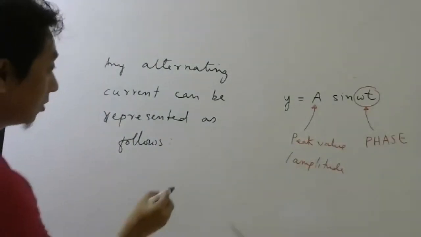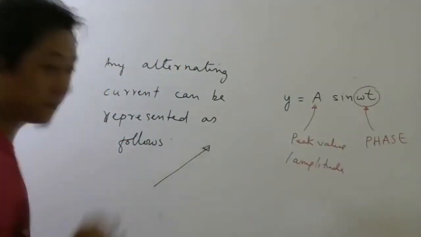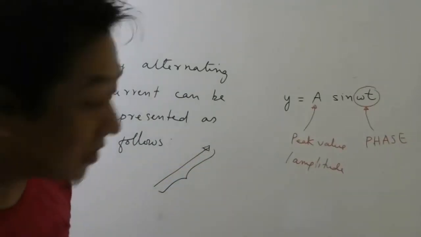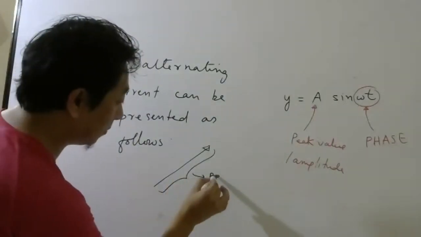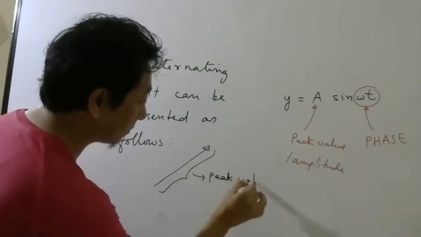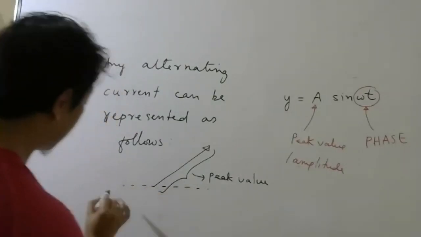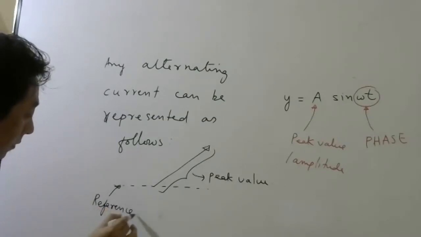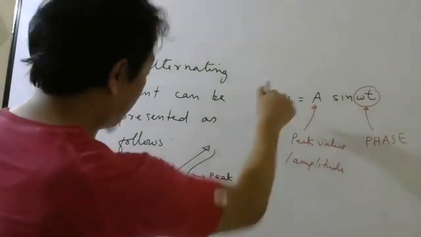We will represent this alternating quantity by an arrow. The length of the arrow will give you what, students? The peak value, this A. And the angle this arrow makes with some reference line will give you what quantity for this alternating quantity?